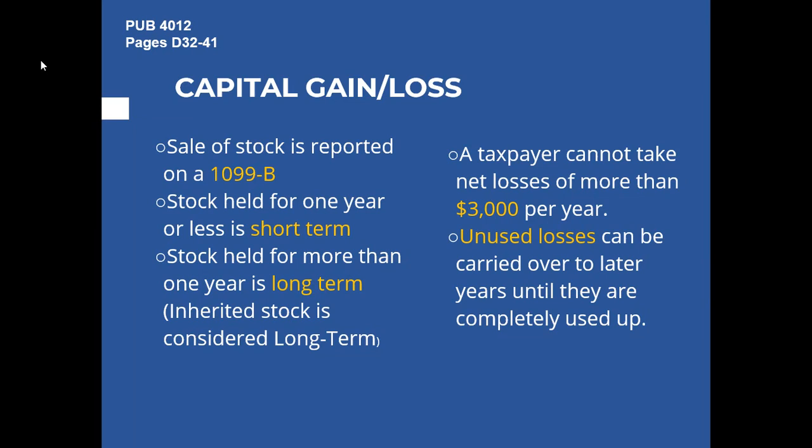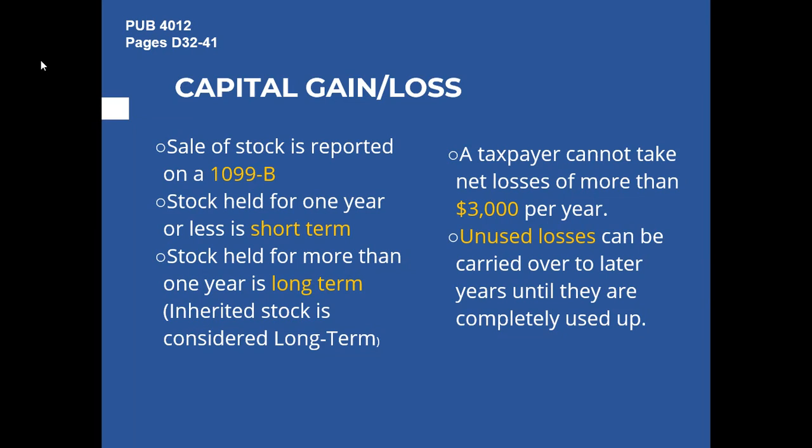On an actual tax return, when you're entering the transactions, they might have had some profits on some stocks and they might have had some losses on another. The most we can show as a net on the tax return is a loss of $3,000.